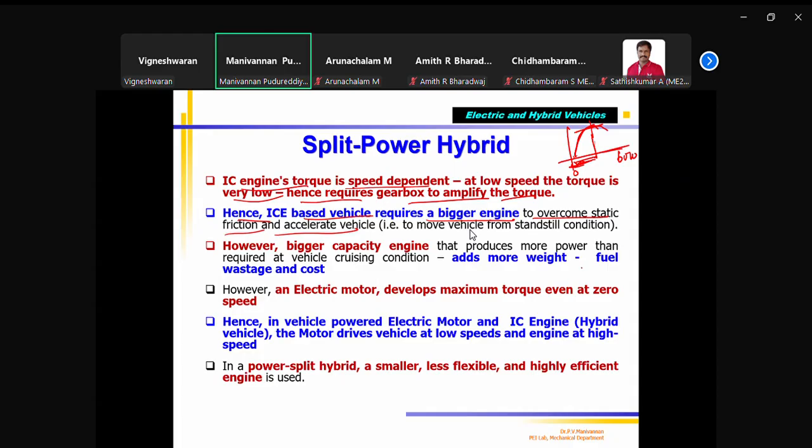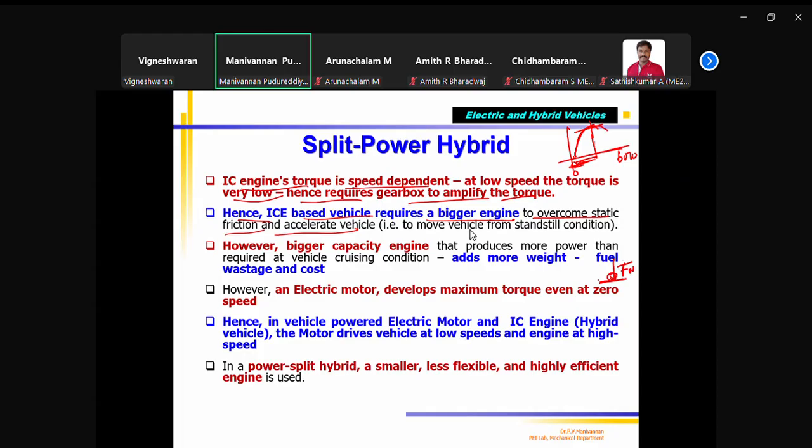That depends upon vehicle weight. Vehicle weight means the empty weight with fuel, with passengers and luggage, all together acting on the four wheels. That is the normal force. We say normal force Fn acts downwards, and there is road friction, and then you are driving your wheel, which has to overcome all these things. Correct?